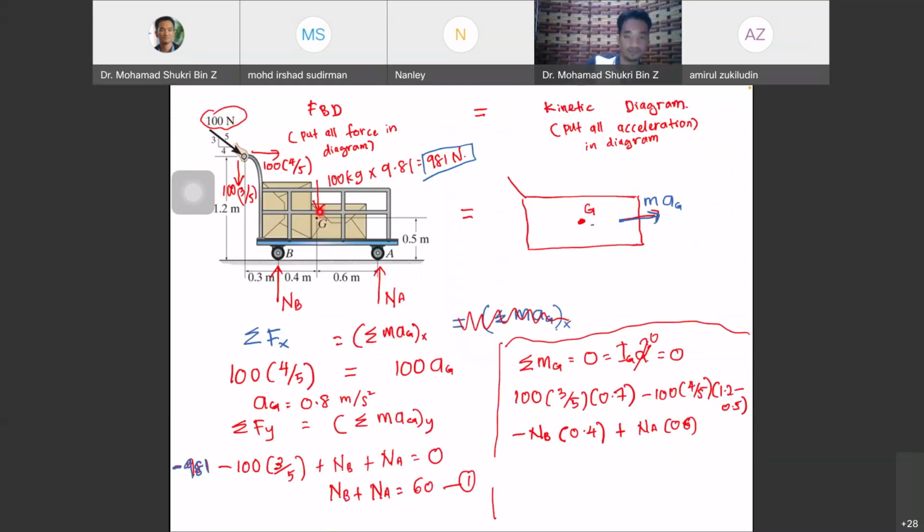Force pada G, moment pada G mestilah kosong lah. So ini betul lah. Kita menunjukkan. Alright. Berapa tadi? 14 plus minus 0. 0. Okay. Cuma yang inilah salahnya 60. 60 plus 1, 10, 41.